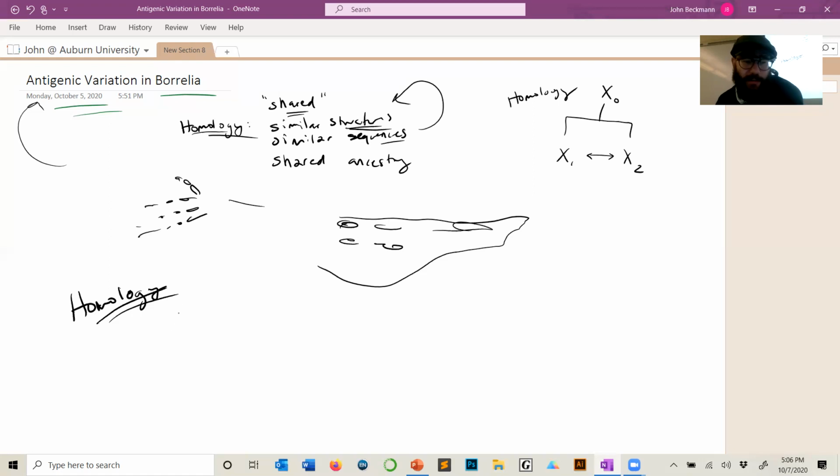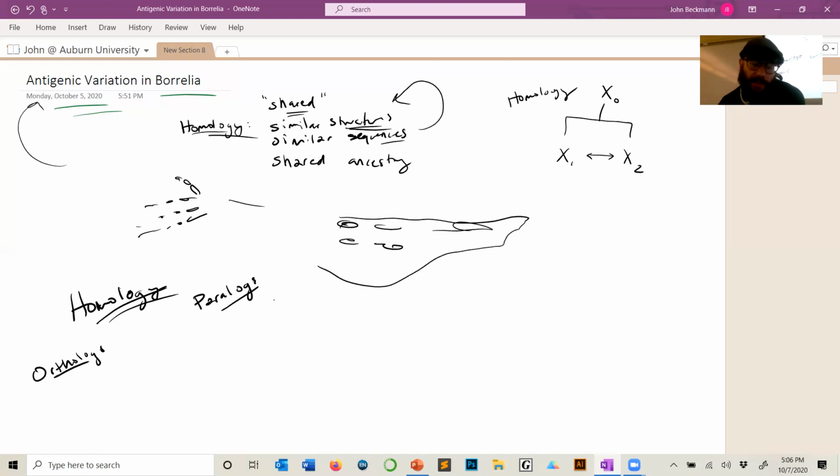Under homology, and especially with respect to molecular genetics, there are some key terms which we talk about a lot: orthologs and paralogs. Homologs is kind of a catch-all term that could refer to either of these. Homologs are things that are similar, but orthologs and paralogs mean something very specific in molecular genetics.